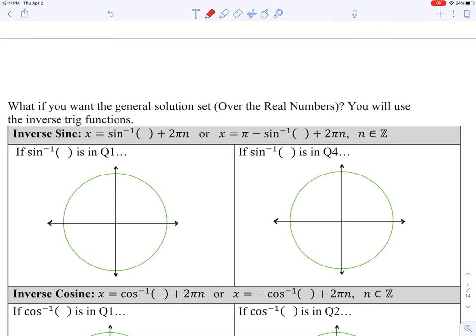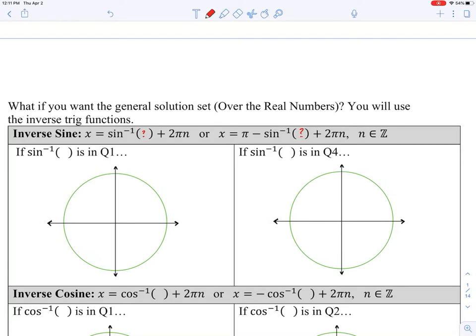You can come up with the general solution set by doing x equals inverse sine plus 2 pi n, or x equals pi minus inverse sine plus 2 pi n, where n is an integer. And I left it blank in here because those just represent you're taking the inverse sine of a ratio, as long as that ratio is between -1 and 1, so in the domain of inverse sine.